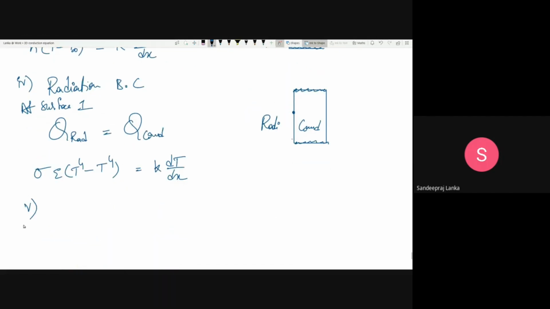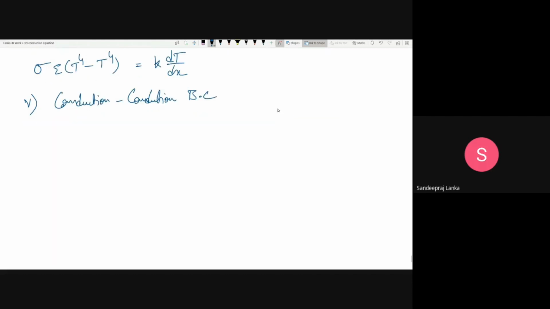And then this one is conduction boundary condition. Here you will have two materials. This is material 1, this is material 2. Then here you have a surface.